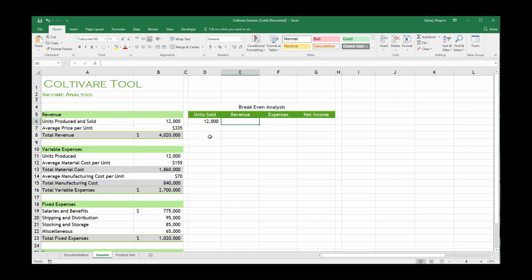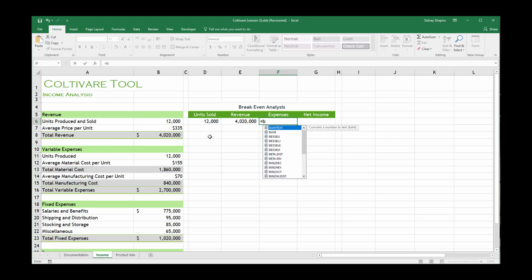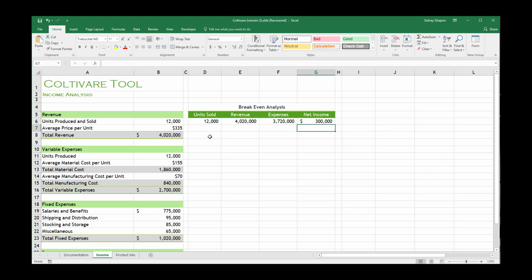In E6, we're going to put in =B26. And in F6, we're going to put in =B27. And finally, in G6, we're going to put in =B28. So that copied, it basically took the information that we have here on the side, and it copied it into the table.